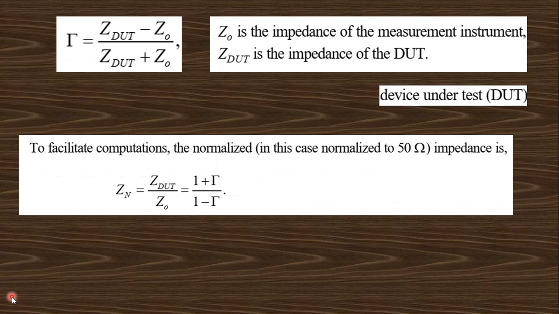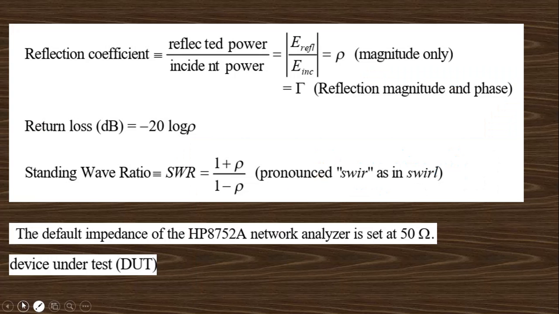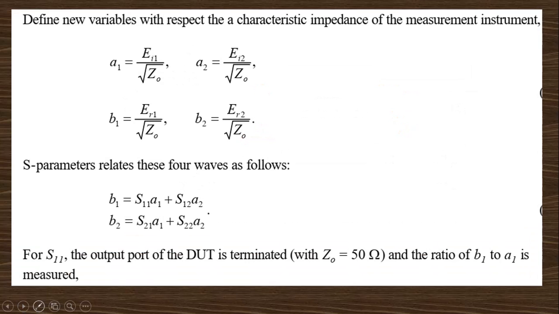This is the same pattern of measurement we obtained previously. Just one thing to remember: there is a basic difference between the narrow microstrip and the wide microstrip. This Z0 changes, and the Z0 change means the gamma reflection coefficient also changes and the corresponding value will be changed. So the mathematics will be changed, but the instrumental process will remain the same.